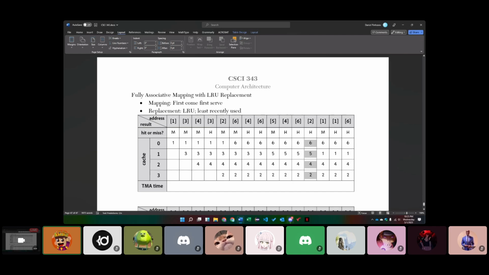What's in our cache? 6, 5, 4, and 2. And then we look back till we found all 4. So we need 2, 4, 5, 6. I found 2, found 6, found 4, I found 5. Once you found all of them, then you take the leftmost one as the one to replace, because it was the least recently used. These are more recently used, basically.